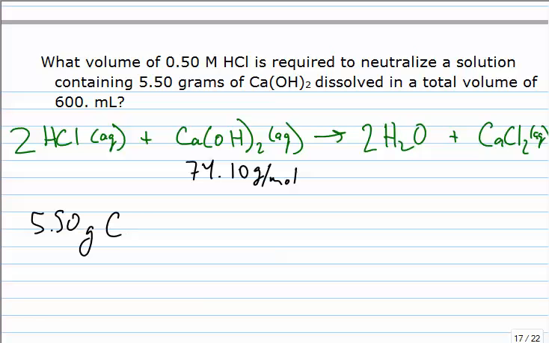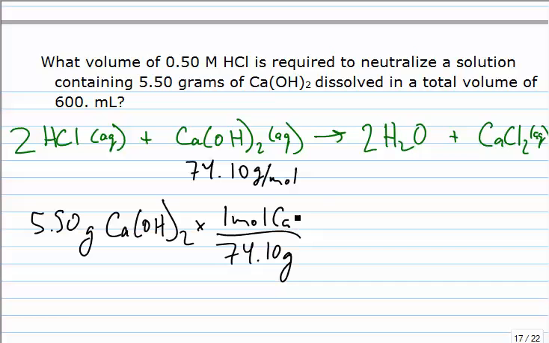So we're going to take 5.50 grams of calcium hydroxide times 1 mole per 74.10 grams of calcium hydroxide. Okay, so that will give us, as our units cancel, moles of calcium hydroxide. And now we want to convert that to moles of hydrochloric acid.